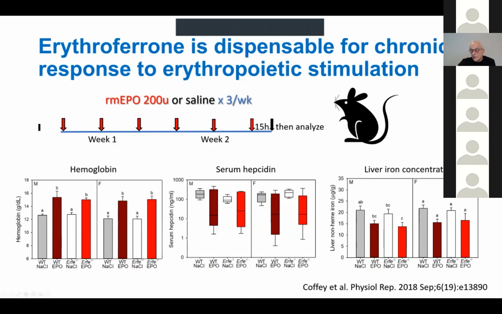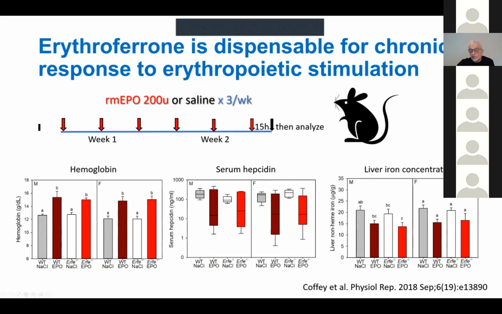And this was shown by Richard Coffey, who would take mice in our lab and administer EPO over 2 weeks, giving 3 doses a week, so 6 total doses, then waited 15 hours and analyzed the mice. And what he showed is that there was no difference in hemoglobin, serum hepcidin, or liver iron concentration between erythroferrone knockout mice and wild-type mice in their ability to raise hemoglobin in response to erythropoietin stimulation.